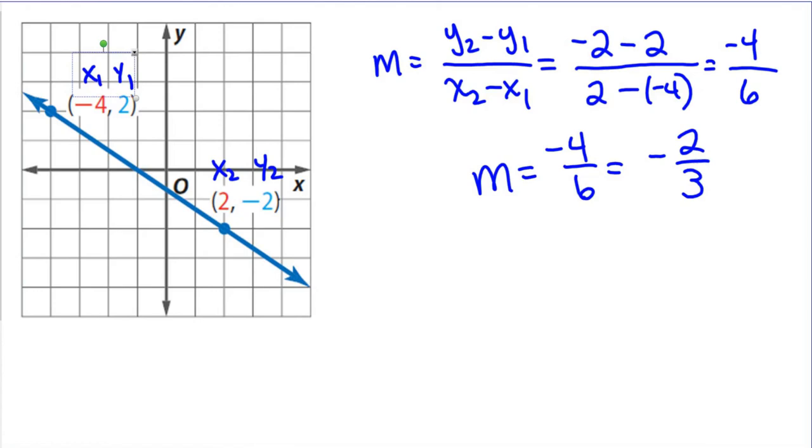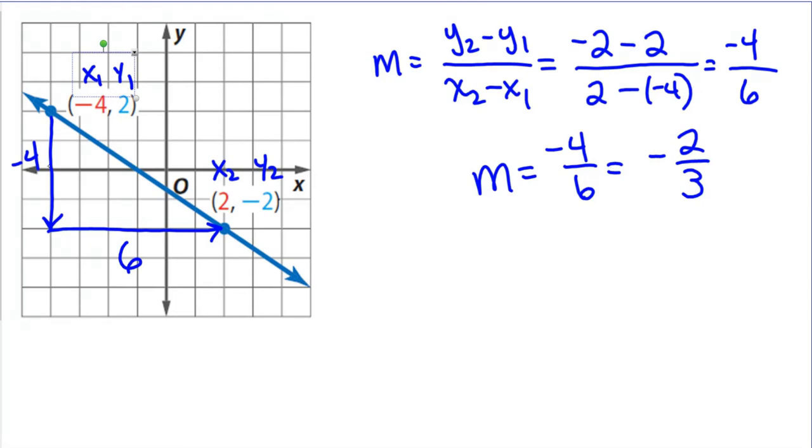And again, if you're looking for a visual of that fraction, my rise is actually not a rise, it's kind of a fall. So I'm going down 4 units, and I'm going to the right 1, 2, 3, 4, 5, 6 units. So -4/6 is the slope of my line, or the rate of change.